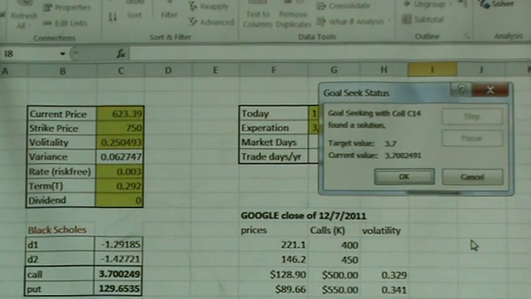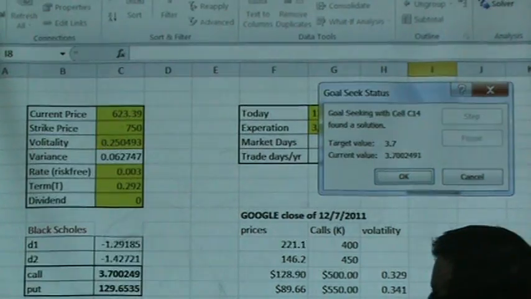So the other one went over a hump, and I don't know if Excel's just not calculating it correctly. Why is the put so big though? The call price and the put price are just so different. Because the current price is 623.